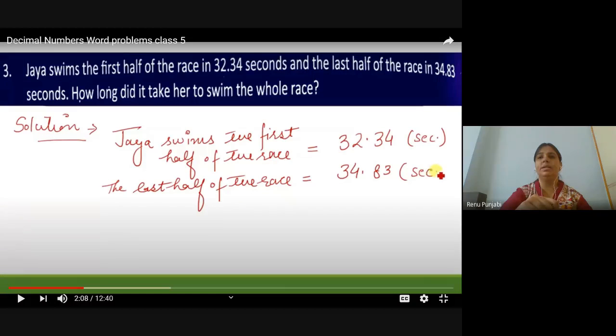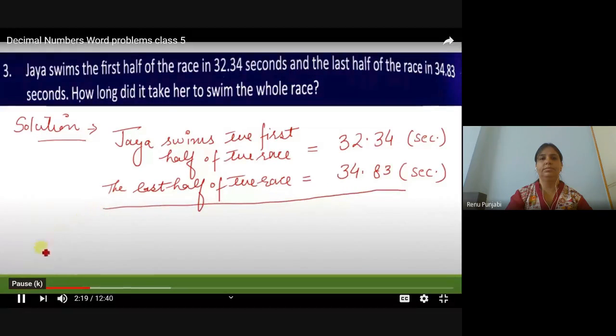Children, when the decimal numbers are like decimal numbers, it is easy to add and subtract them. Now here you can check decimal places are equal. So no need to make any changes in that because already this is given equal. Now how long will it take her to swim the whole race?